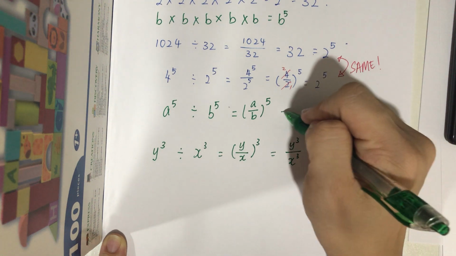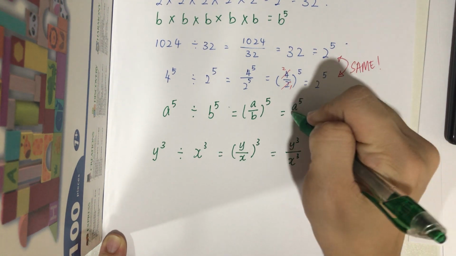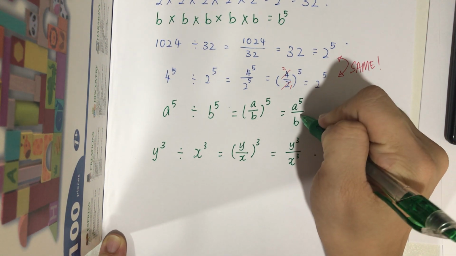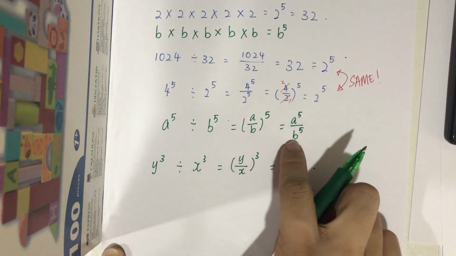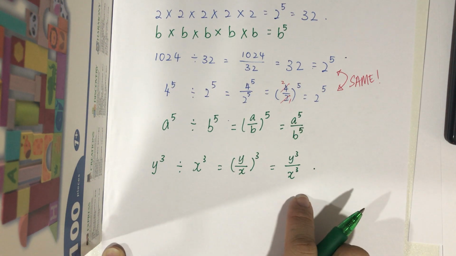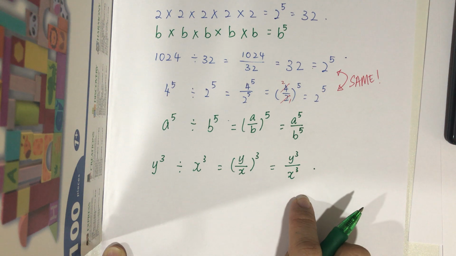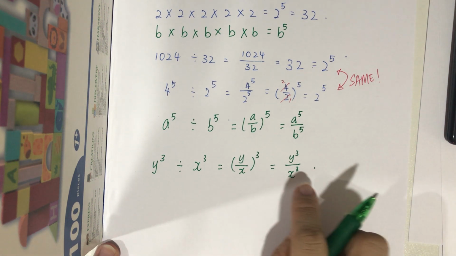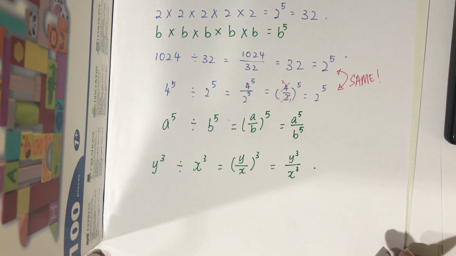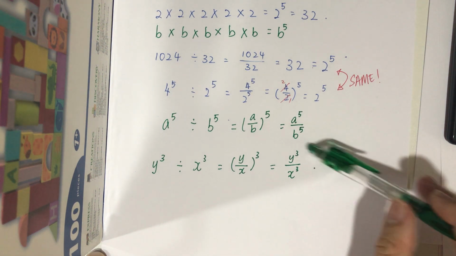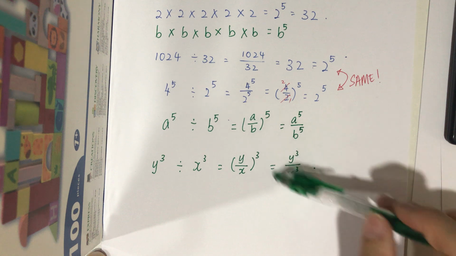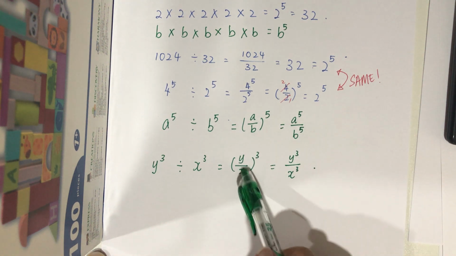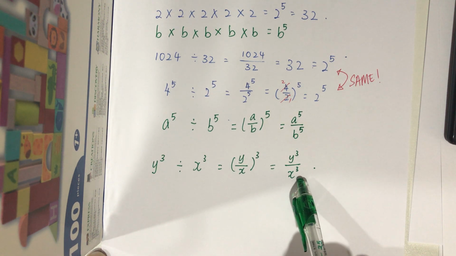And this one is A to the power of 5 over B to the power of 5. So this means the same thing. So depending on the question, sometimes you need to write it in this format, sometimes in that format, especially when you have equations that you need to cancel. So you need to know that this translates to this.